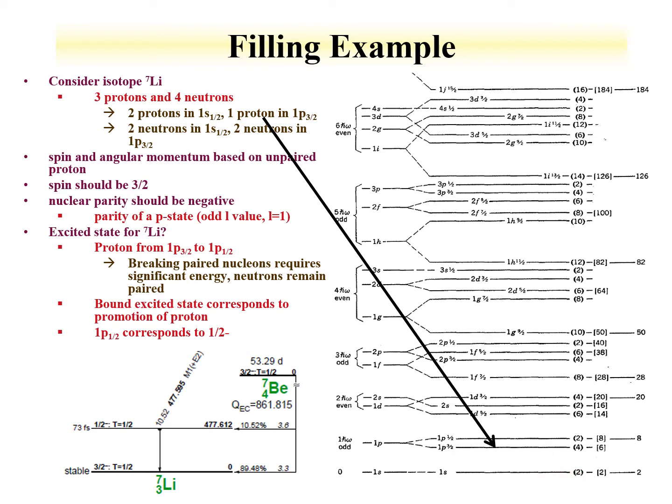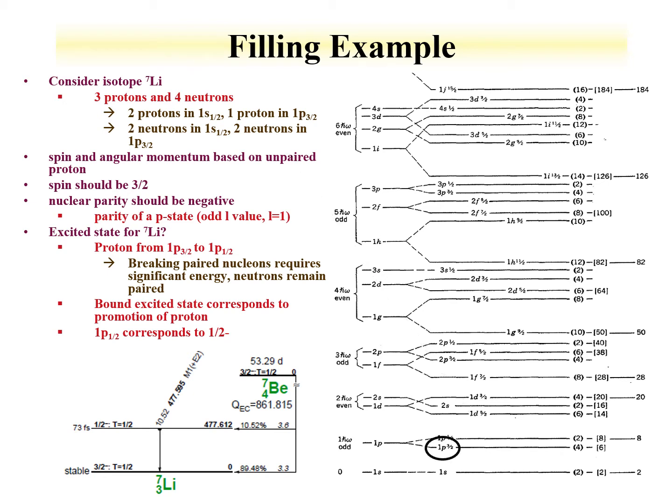So the spin and parity are based upon this unpaired proton. The spin, if it's 1p 3/2, should be 3/2. The parity is based upon the p state. It has an L value of 1, so the parity is odd, so negative. And as we see, lithium-7 is 3/2 minus, as predicted from the shell model.